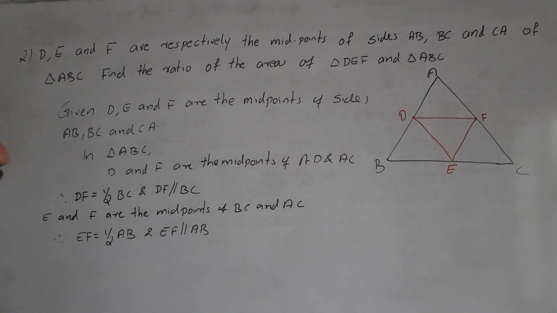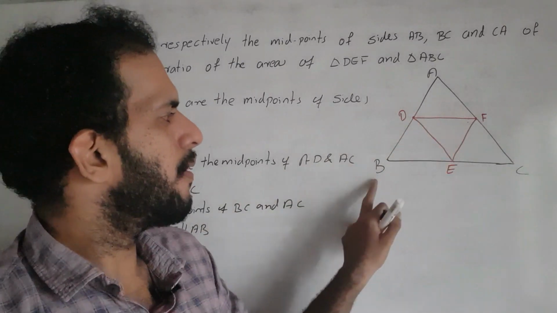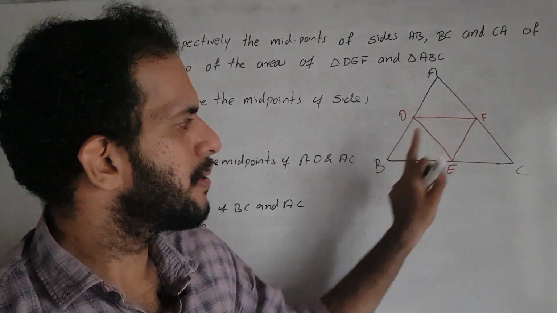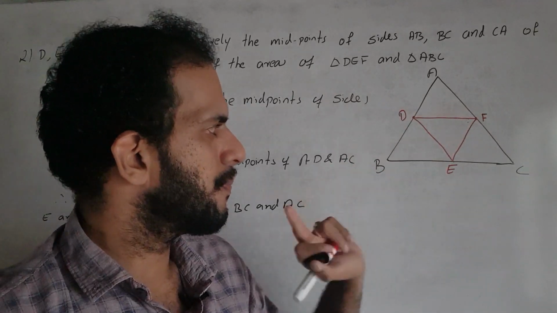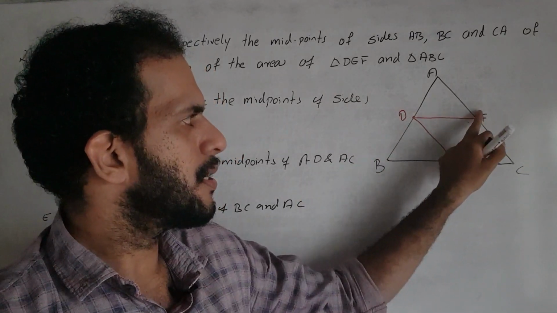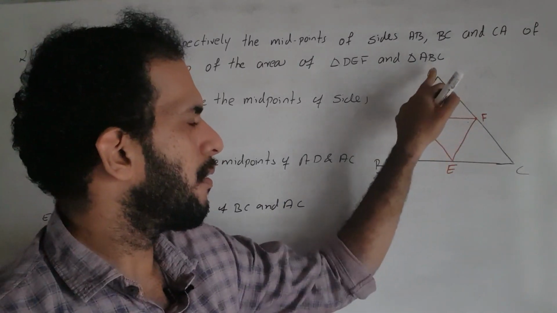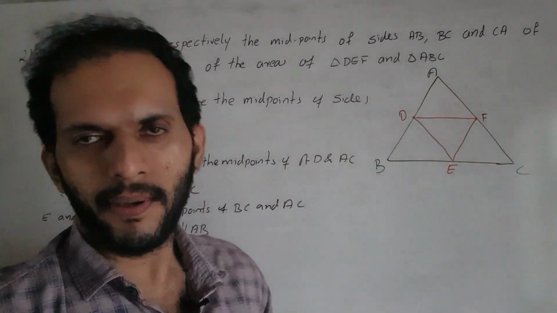Okay, now we got it. DF is half of BC and DF is parallel to BC, and EF is half of AB and EF is parallel to AB.